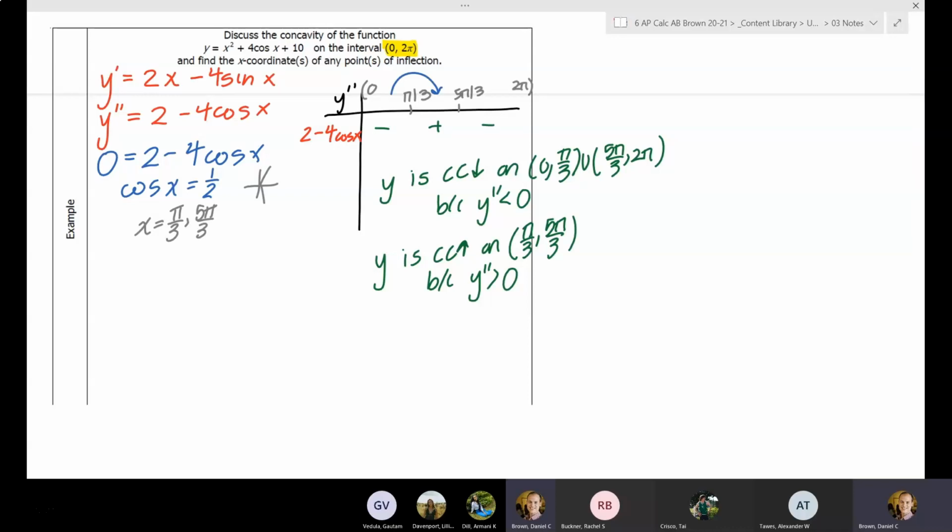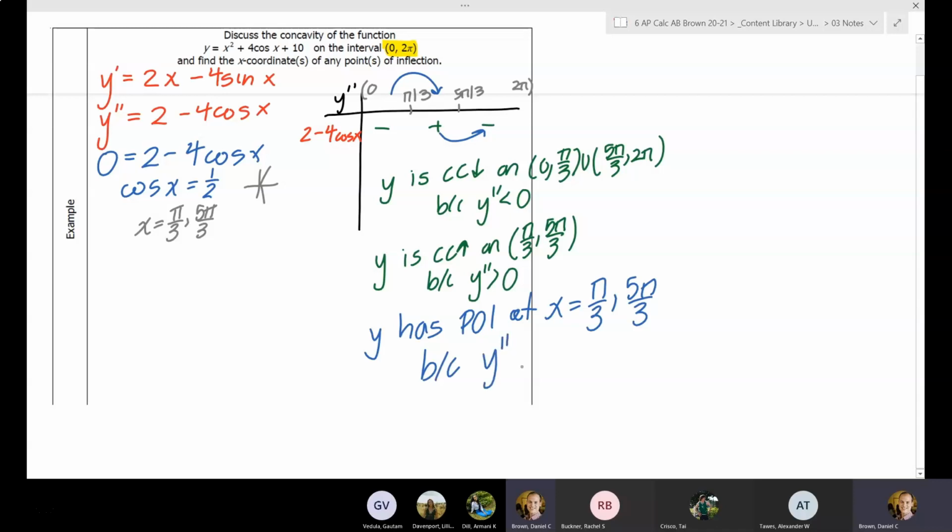And then looking at 5 pi over 3, it goes from positive to negative, so it is also a point of inflection. So I can say something like y has a point of inflection at x is equal to pi over 3 and 5 pi over 3. I know those are points of inflection because y double prime changes sign.